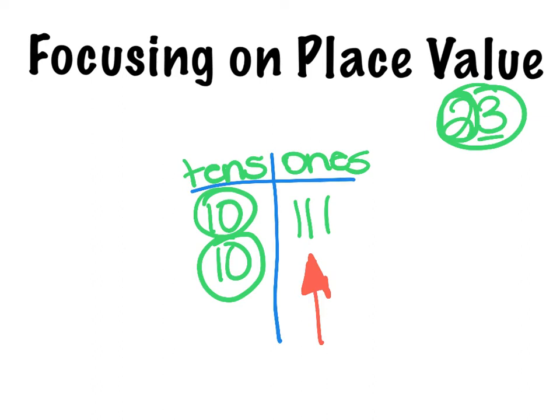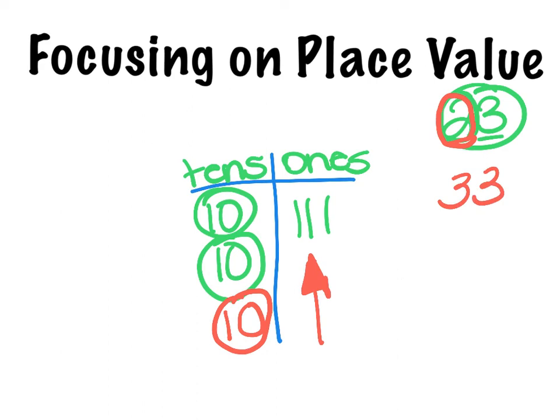And what it does, it trains them to look at, oh, we're here in the tens place. So what would be 10 more than the 2 tens that I have? If I add 10 more, so 10 more than 23 would be 33.